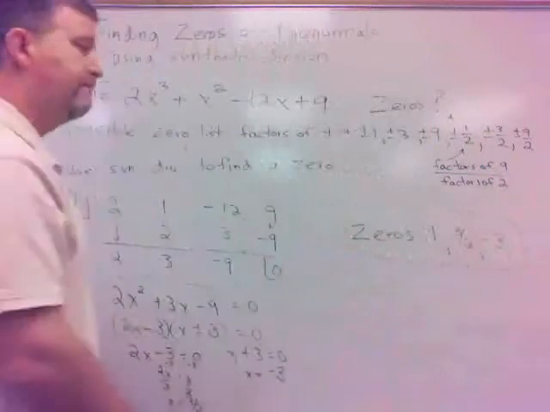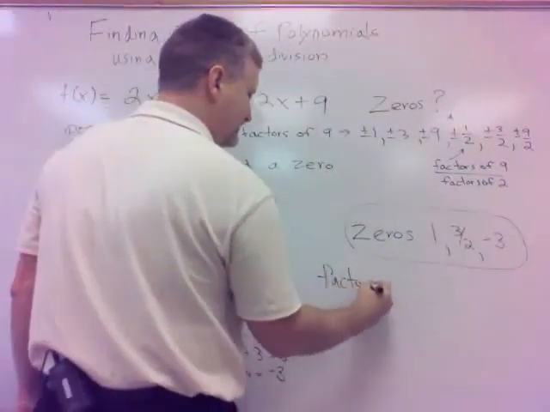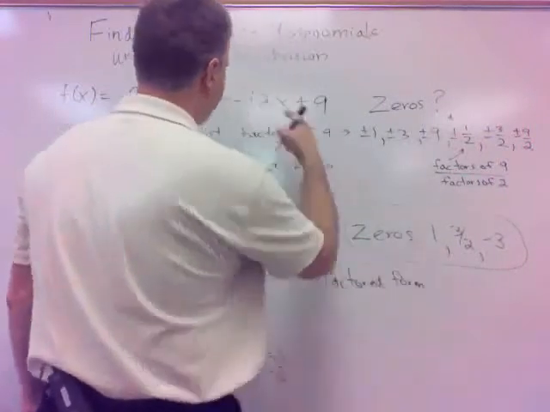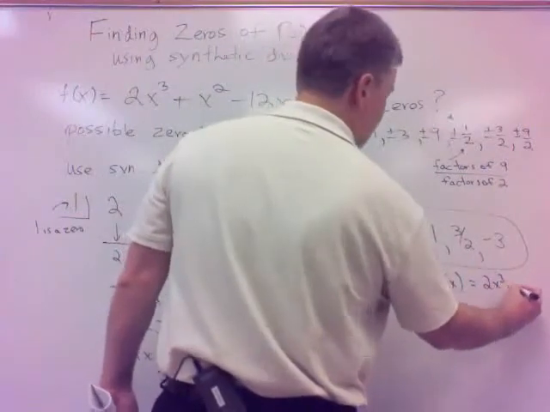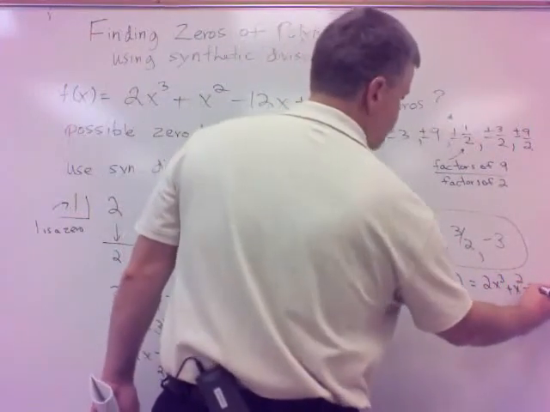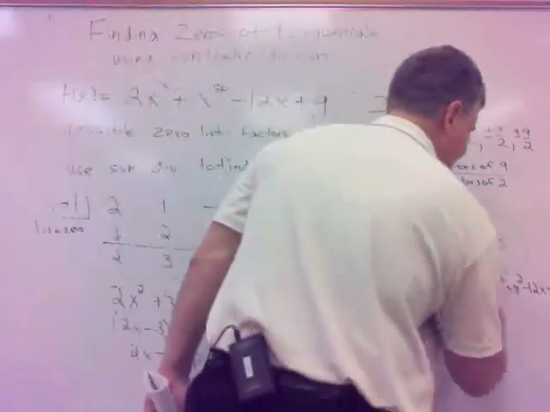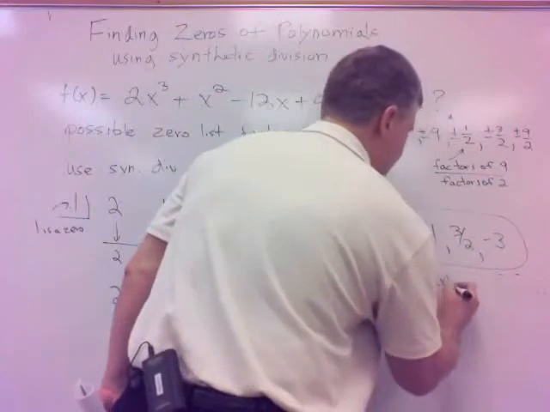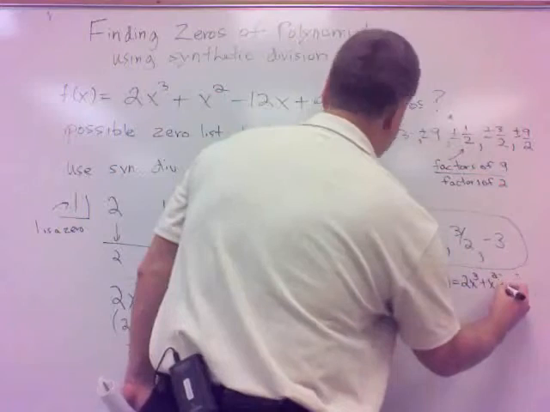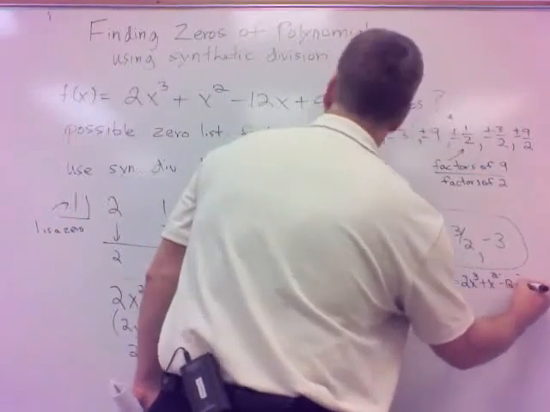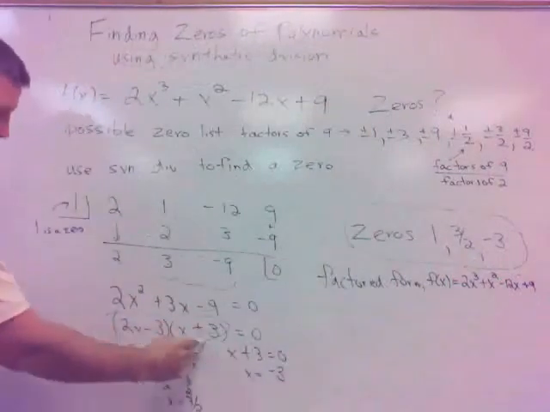Okay? All right, now if I also ask, which I probably will, what's the factored form of the original polynomial 2x cubed plus x squared minus 12x plus 9? Could you do that? Well, yeah. This was a factor, and this was a factor. So there's two of the factors.